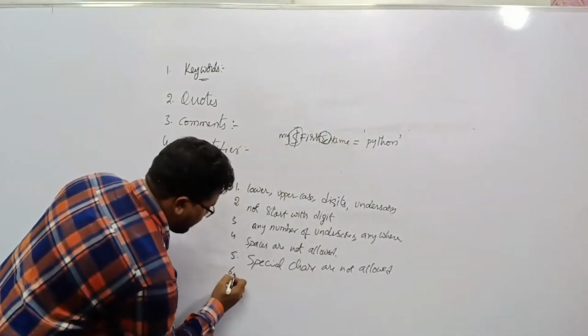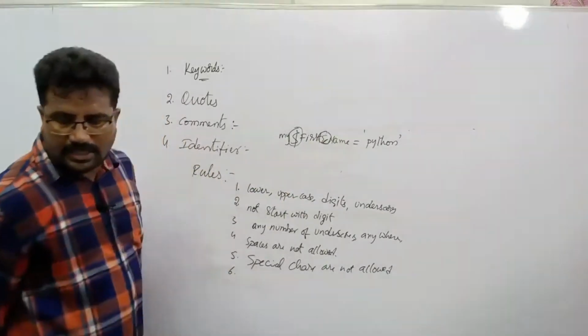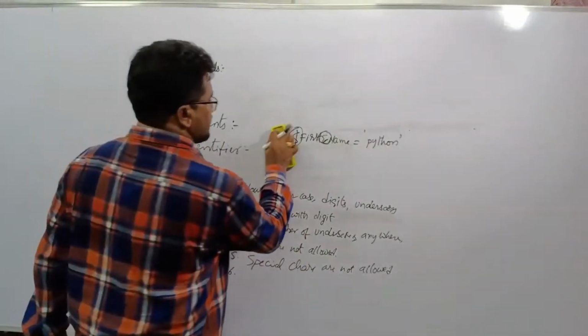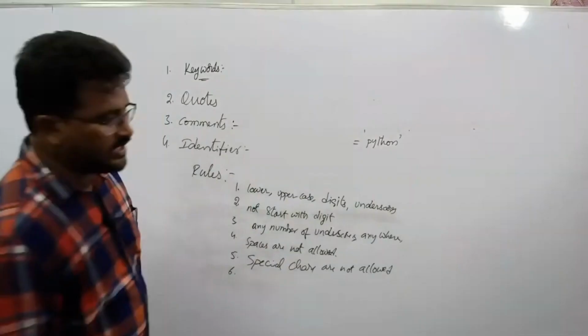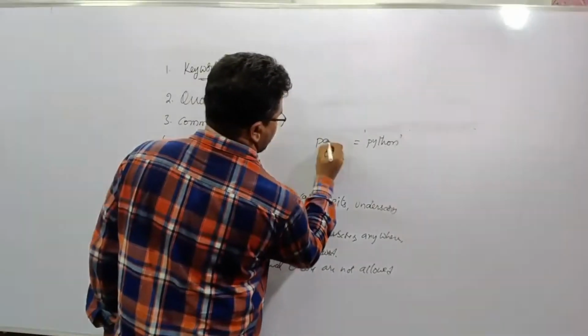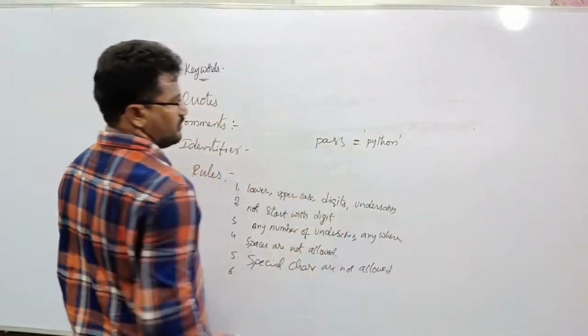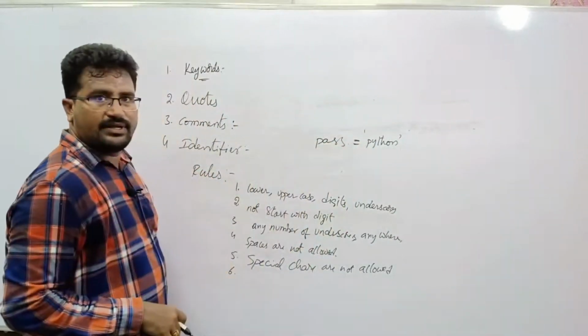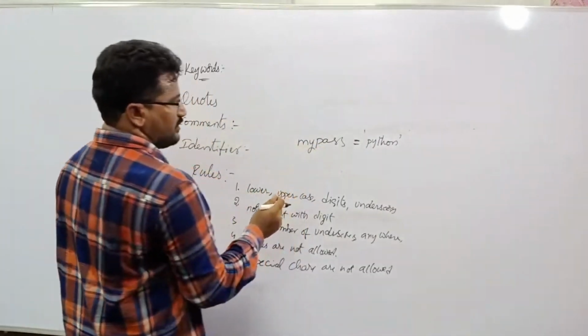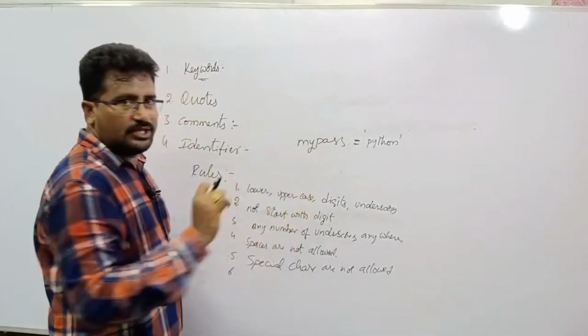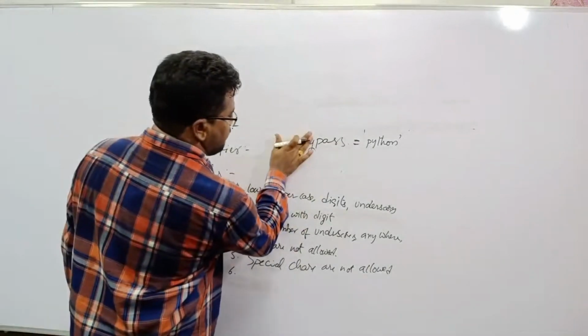And one more rule is there. I cannot use a Python keyword as an identifier. Suppose I am giving pass equal to; pass is a Python keyword, so you cannot use it here. You can give my pass, no problem, because my pass is not a Python keyword, but only pass is.